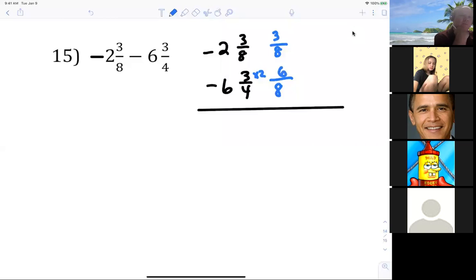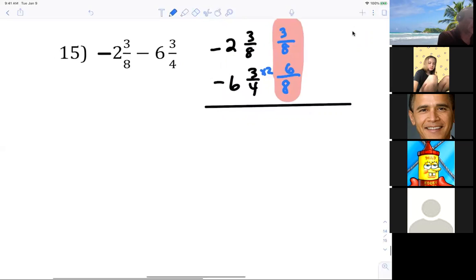All right. Now, again, they're both negative, so we're adding them. So this becomes 9/8, and this is -8. 9/8 is the same as 1 1/8.